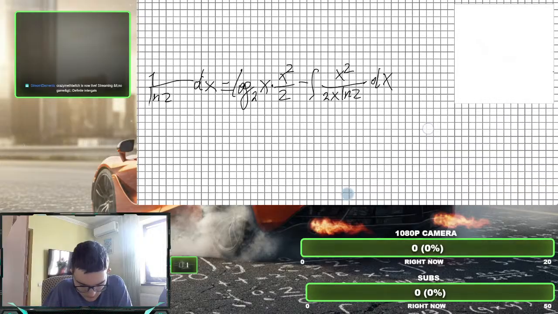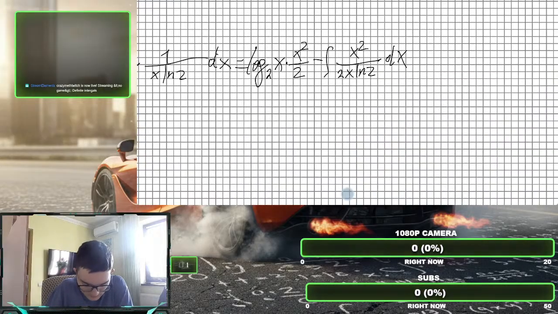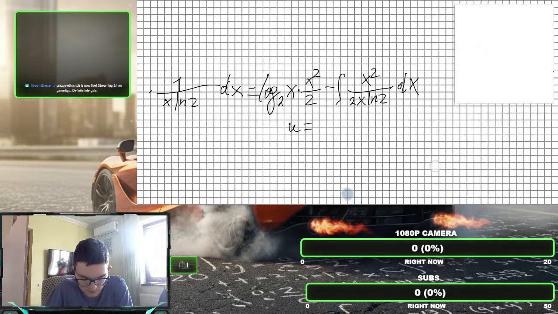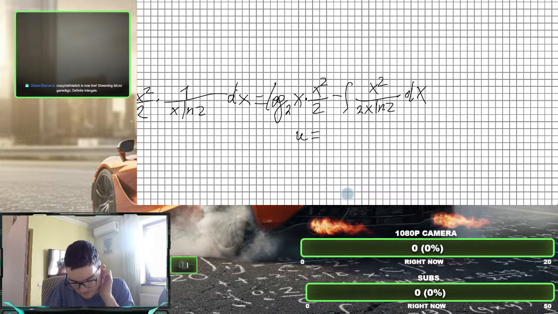So if I use integration by parts, first I'm gonna go with u, and as I'm going with u, I would take the u as 1 divided by 2x ln 2, because I can move x to the second power to the right and use it as my dv, because it's easy to integrate.